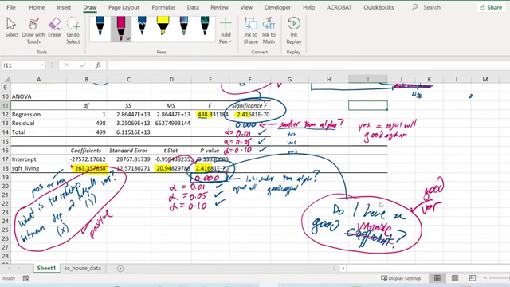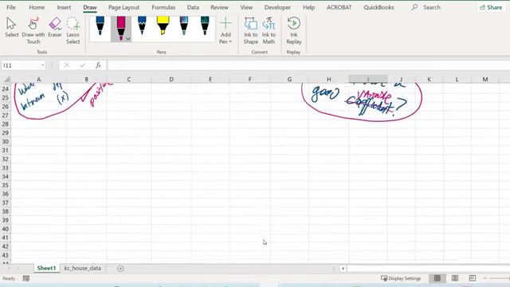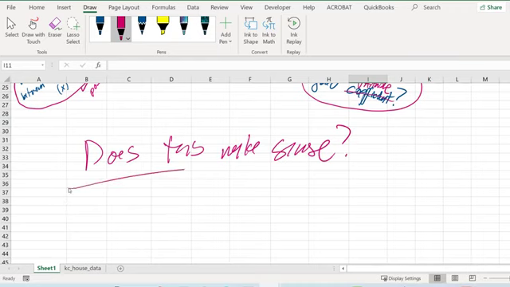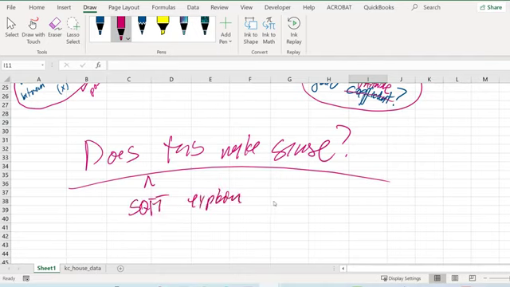And finally, the last thing I would ask myself, does this make sense? I wouldn't put this question into a research paper, but does it make sense? Does square footage explain price?